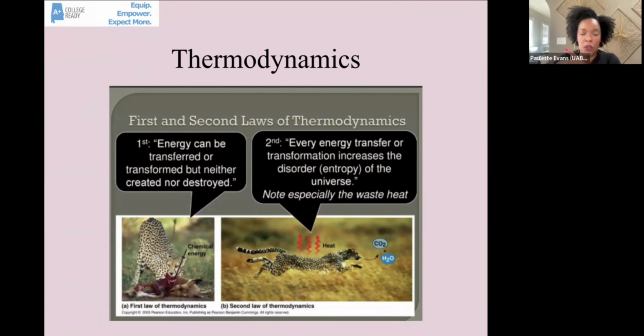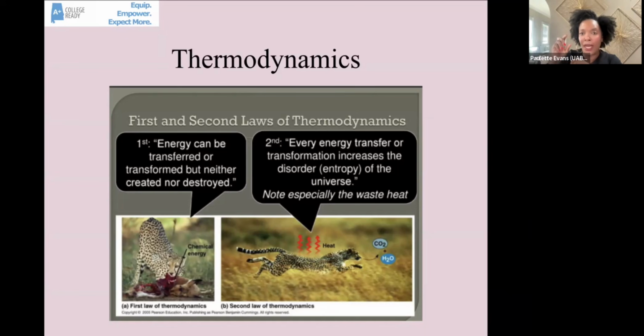The first is the first law of thermodynamics. And here it's clearly stated: energy can be transferred or transformed, but neither created nor destroyed. Cannot get rid of energy, right? You can only change its form. And so I'll use the first example. From the sun to autotrophs or producers. Sunlight travels in photons. So that's sunlight energy or solar energy, right? That's its form.